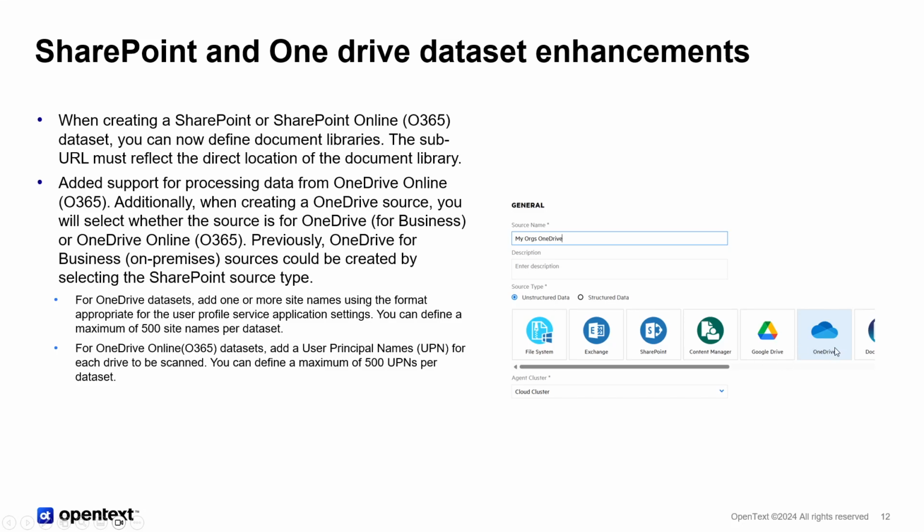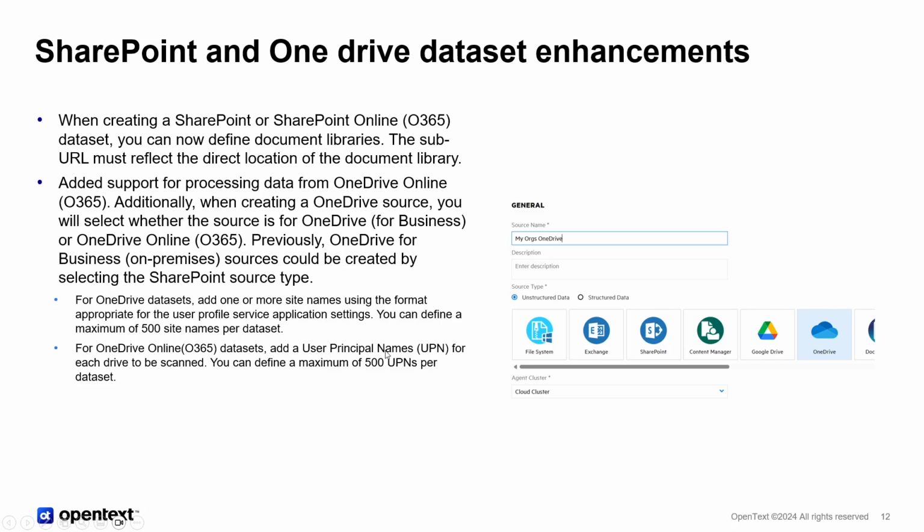And also on the right-hand side, you can see there's a specific dataset for OneDrive. We could do OneDrive before, but it was a little hard to configure. Now when you select OneDrive, you can just select OneDrive as the option, and then specify the names based on the user profile setting.